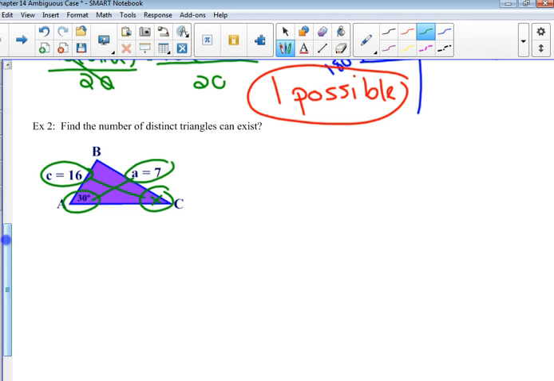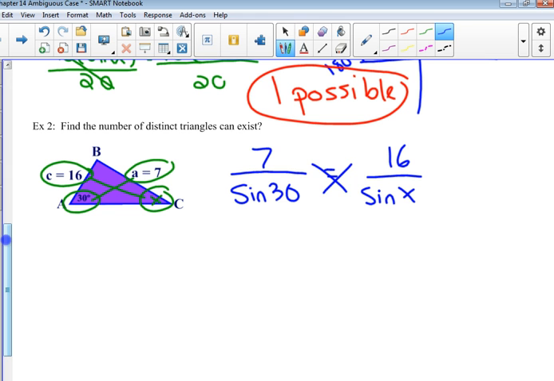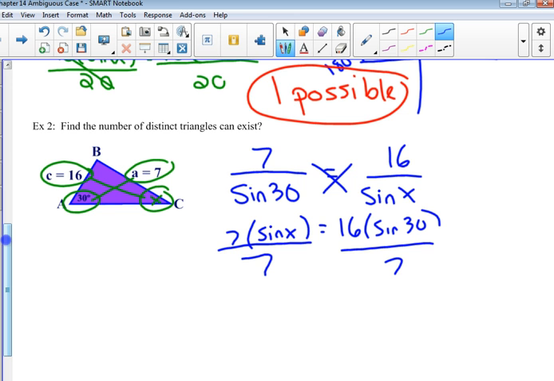Why don't you take a second? Let's set up the law of sines. See if you can figure out what your degree is going to be. So this one is, okay, what's happening?